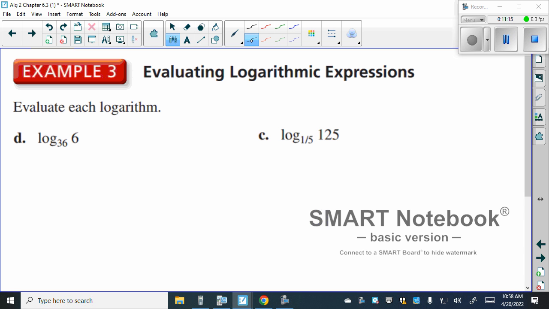Let's look at the next one. Log base 36 of 6 equals y. So if we rewrote this as an exponential, we'd have what? 36 to the y equals 6. Okay. So what kind of operation would we need to do to 36 to get it to be 6?